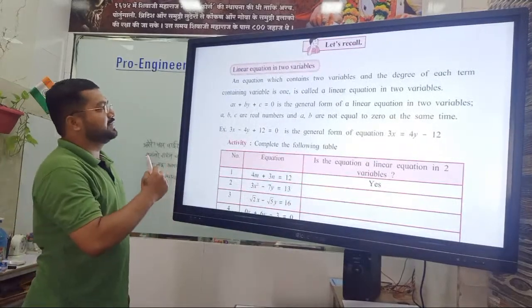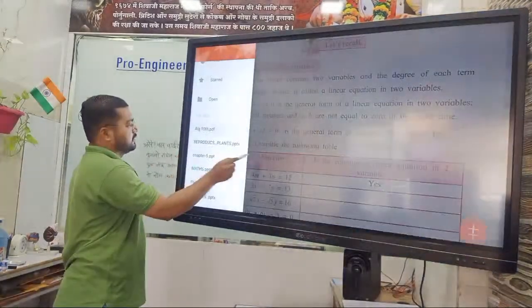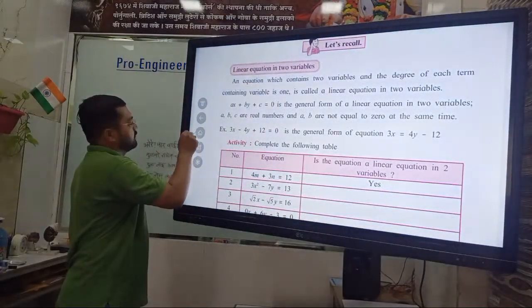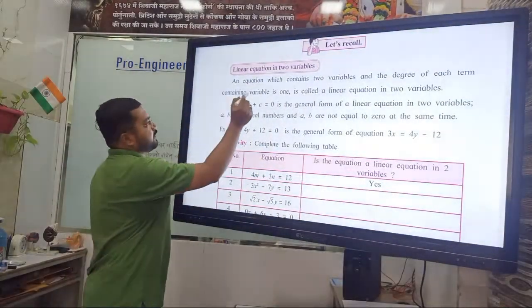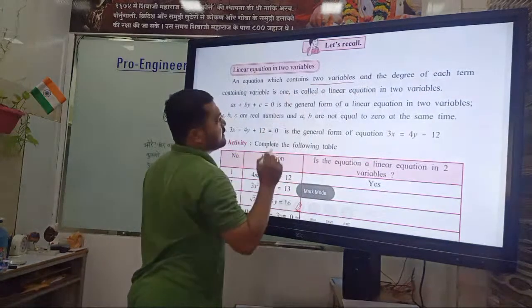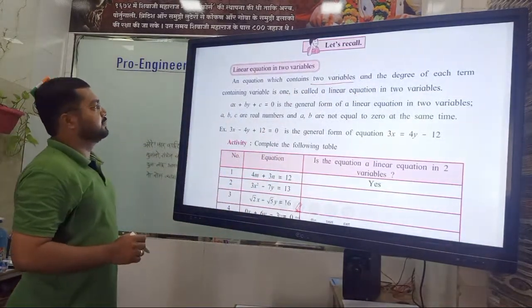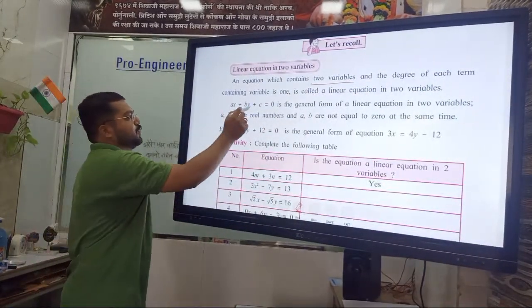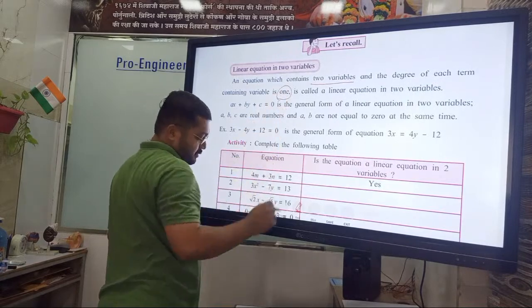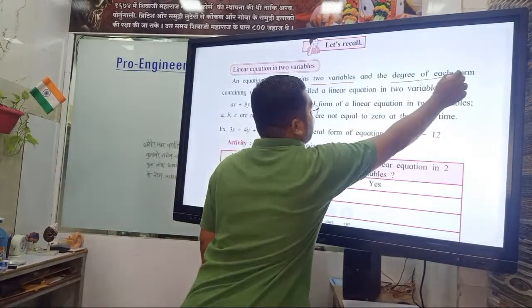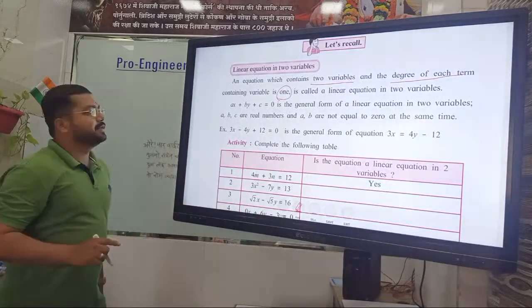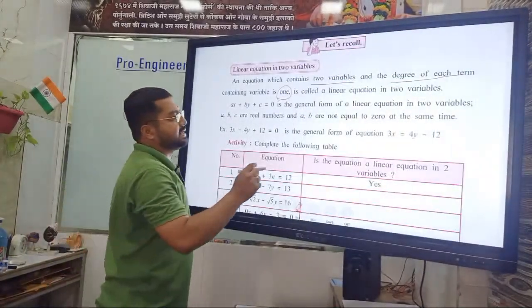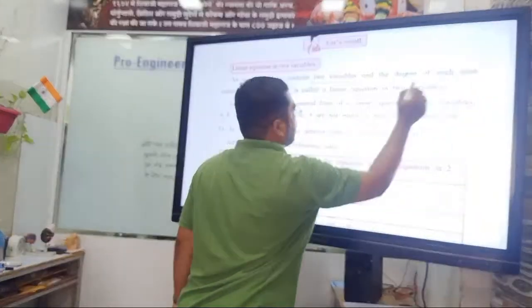An equation which contains two variables and the degree of each term containing variable is 1 is called a linear equation in two variables.